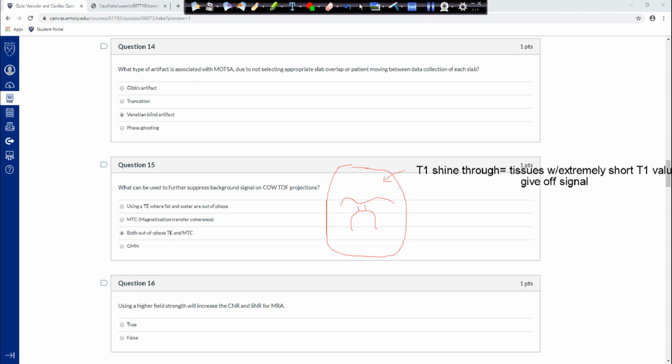Typically we image on water, the water peak, but we're going to be applying an RF pulse off of our water peak so that we really saturate that retroorbital fat and structures with really short T1 times.